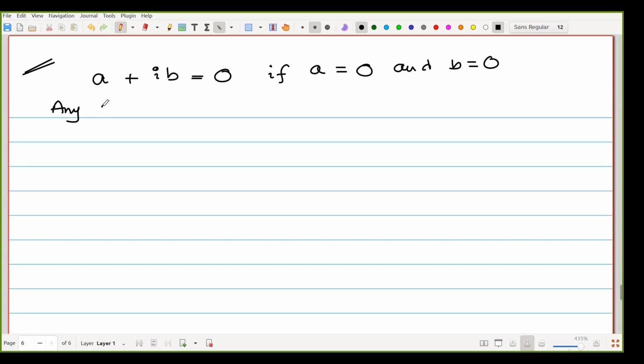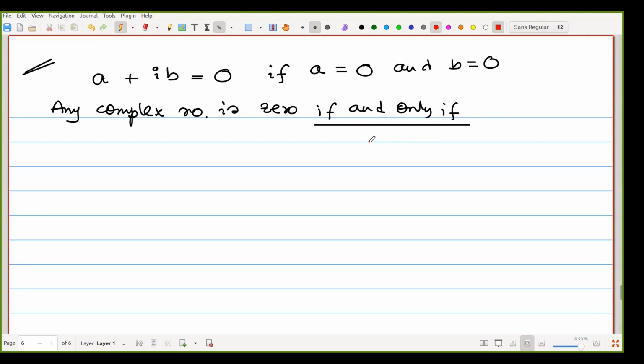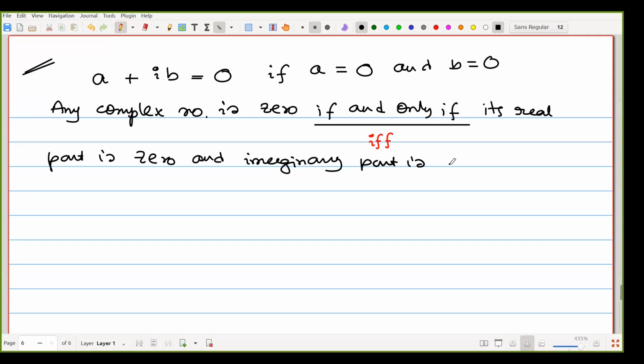Any complex number is 0 if and only if, and if and only if can also be written in a single word, I double F. If and only if its real part is 0 and imaginary part is also 0.